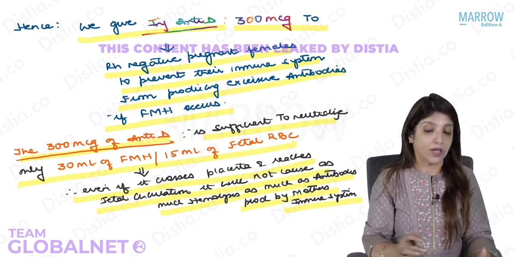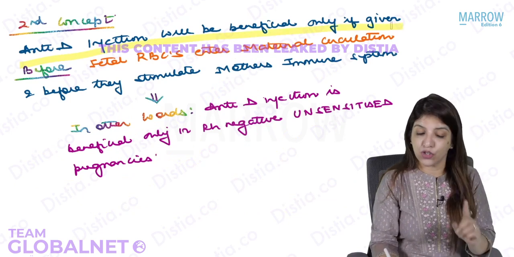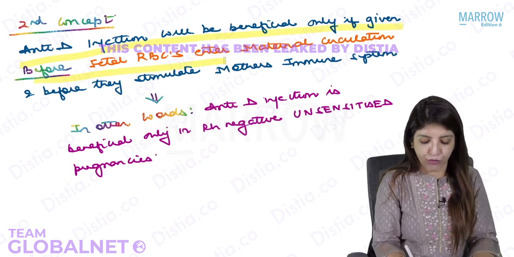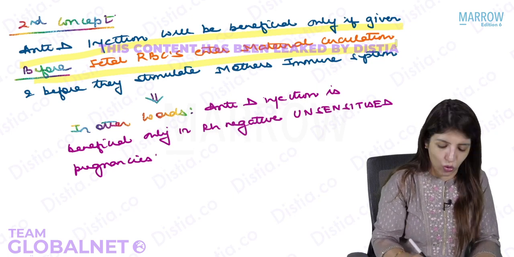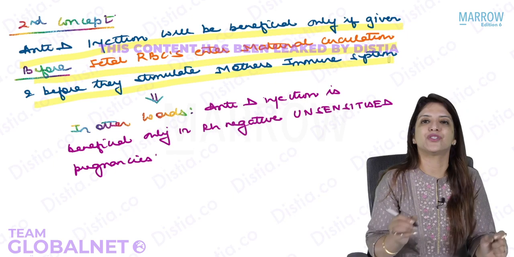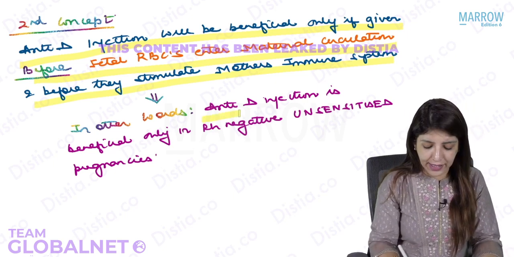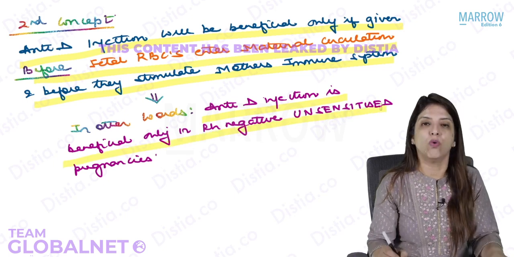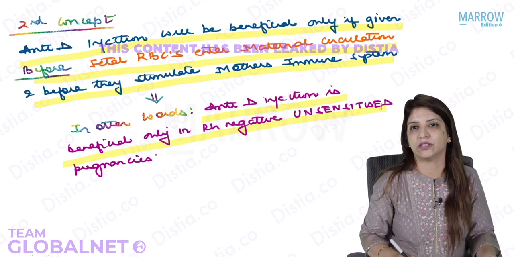So anti-D injection will be beneficial only if it is given before fetal RBCs enter mother's circulation and before they stimulate mother's immune system. In other words, anti-D injection is beneficial only in an Rh negative unsensitized mother.